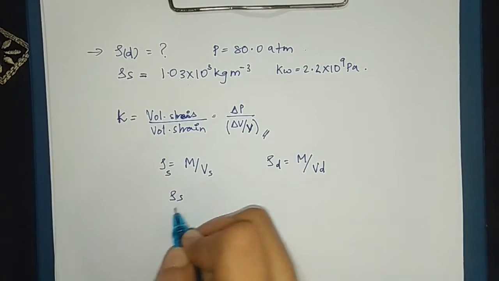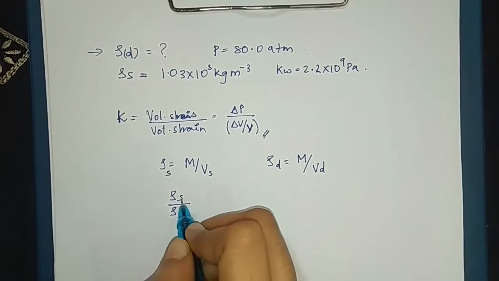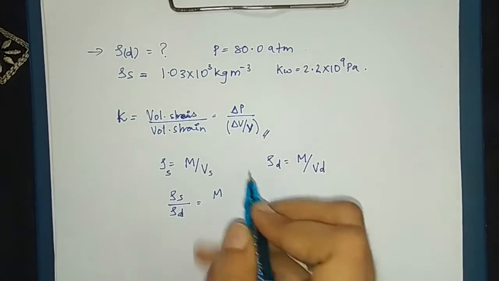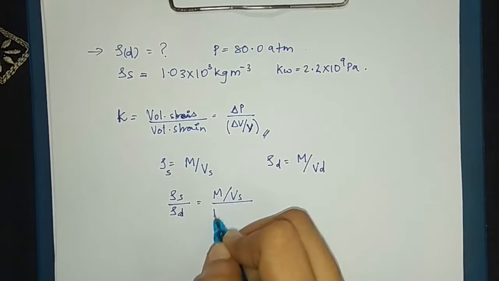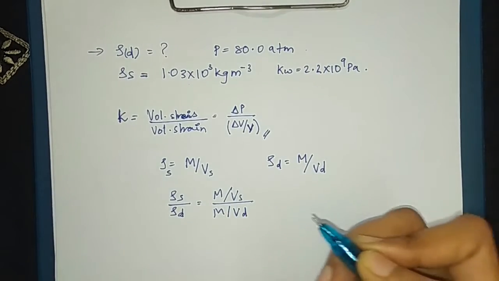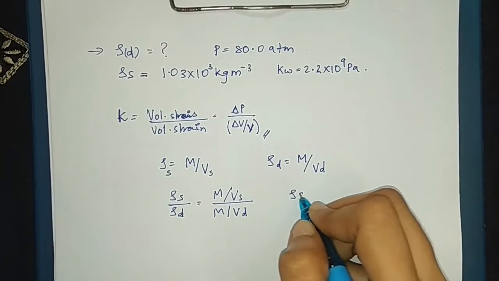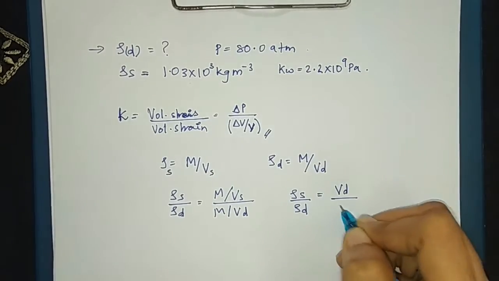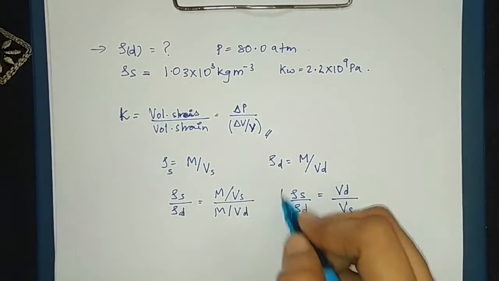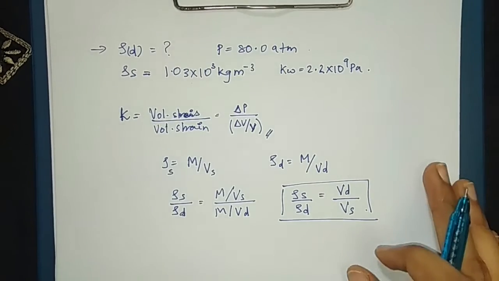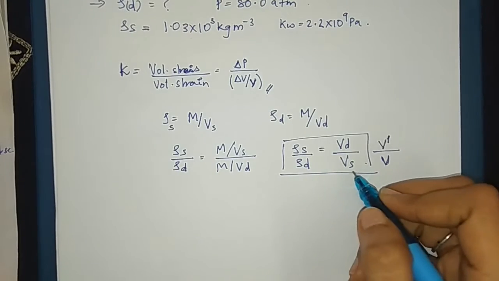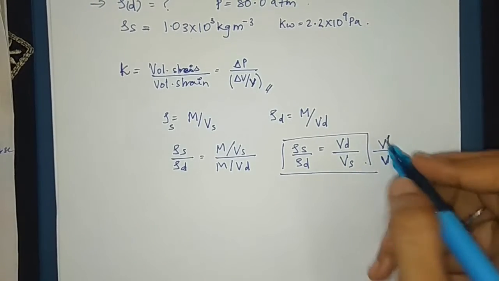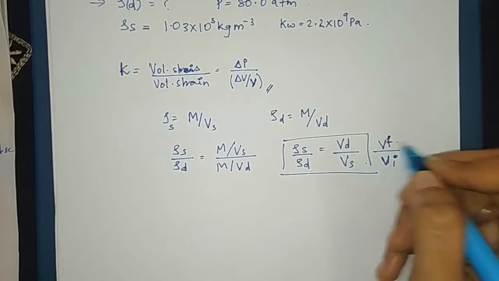Density at surface divided by density at depth is equal to mass divided by volume at surface over mass divided by volume at depth, which can be written as volume at depth divided by volume at surface. That is the formula. The volume at the surface can be written as the initial volume, V initial, and the final can be written as V final, that is Vf.